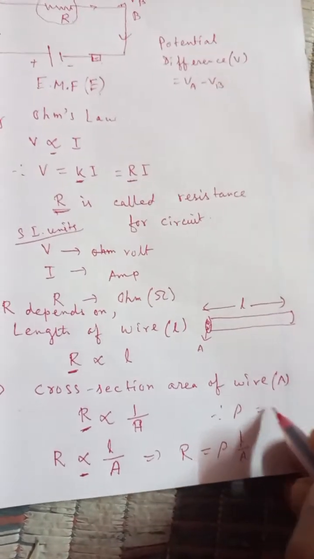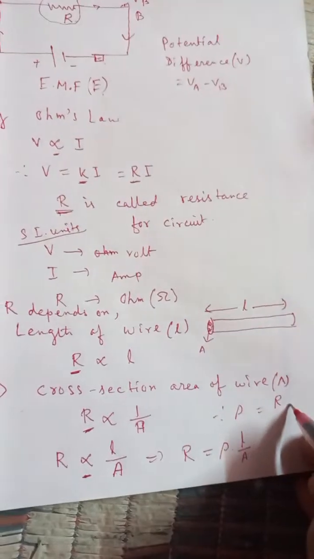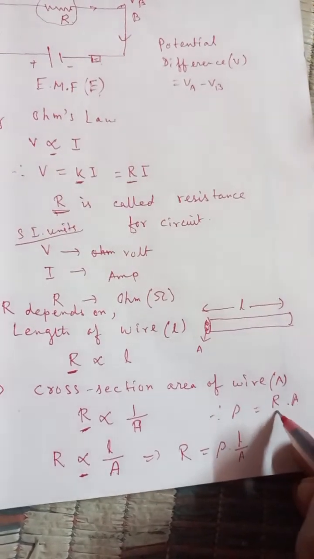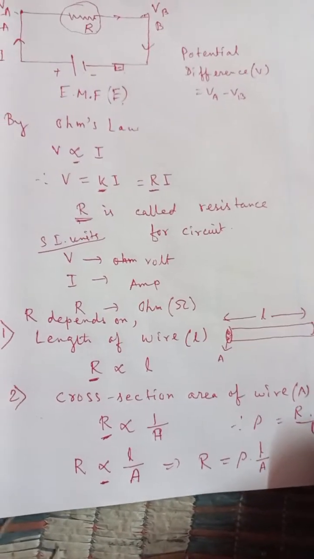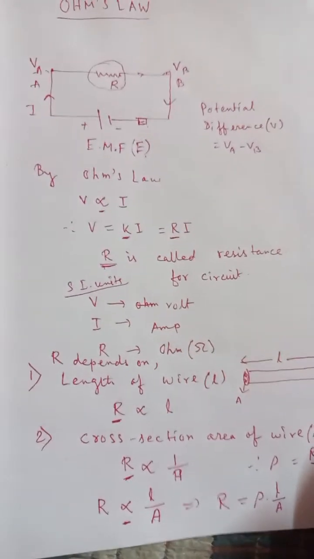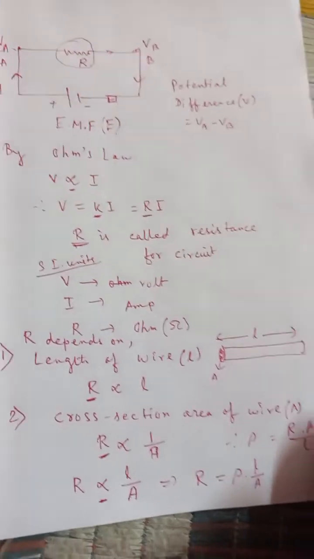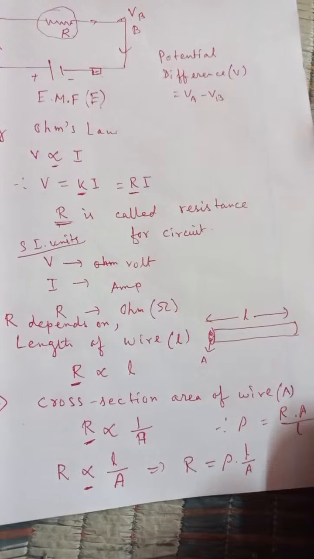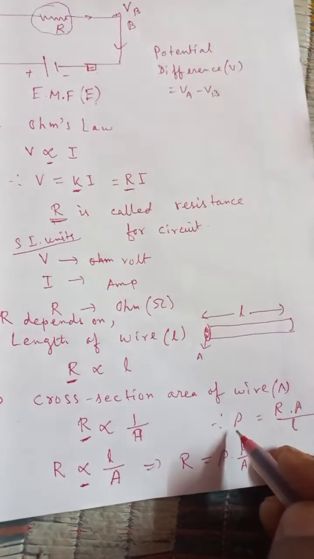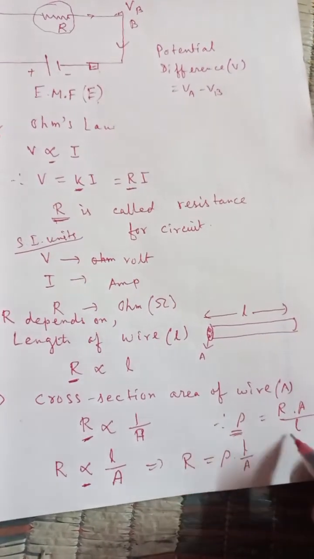Rho is R multiplied by A by L. So in this way we can find out the units of rho also.